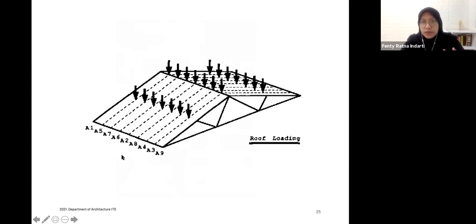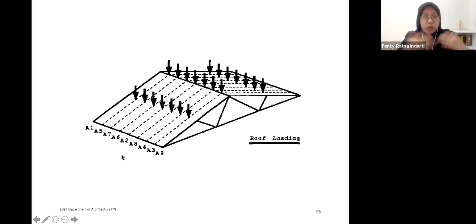This is what it looks like. Even though we don't have any elements on top of it, we still have natural loads such as wind, snow, and also rain. Rain or snow may not seem that heavy, but when it comes to accumulation, it becomes really heavy. Imagine that you have a bucket of water and try to lift it with your hand.